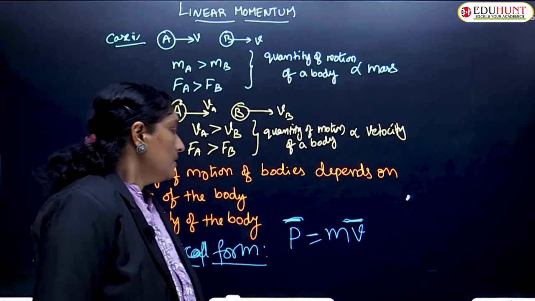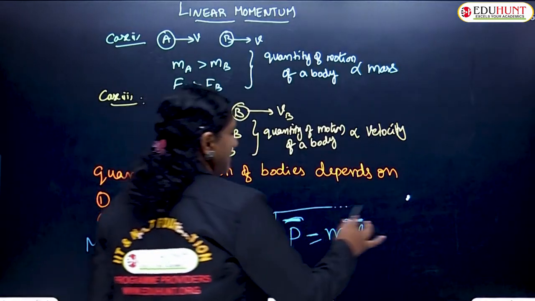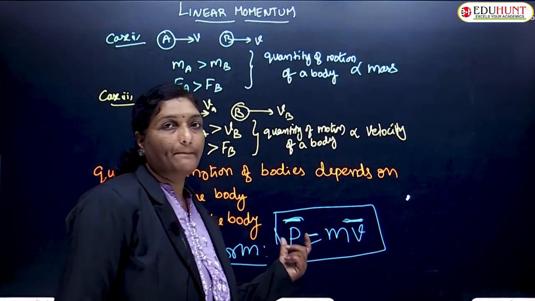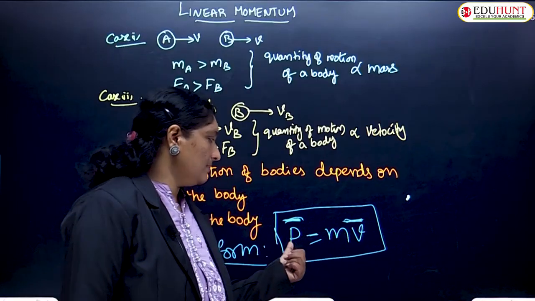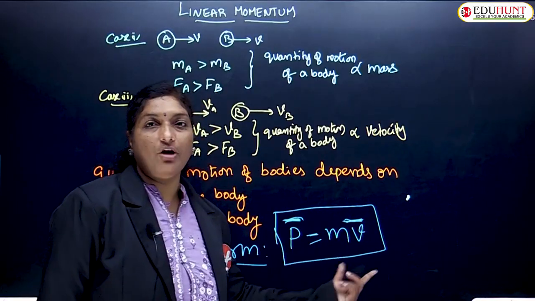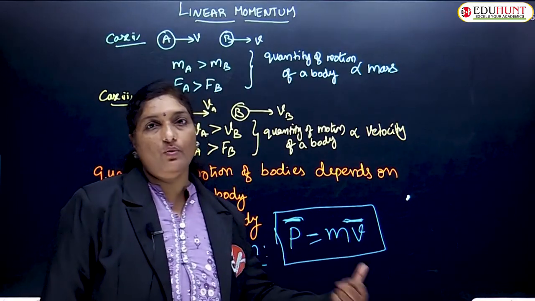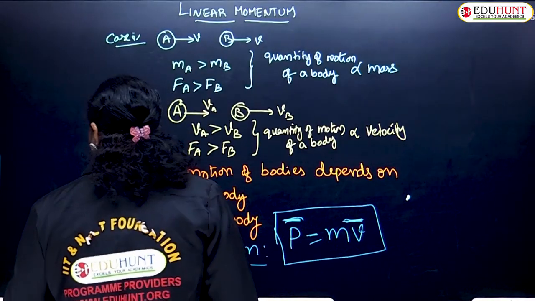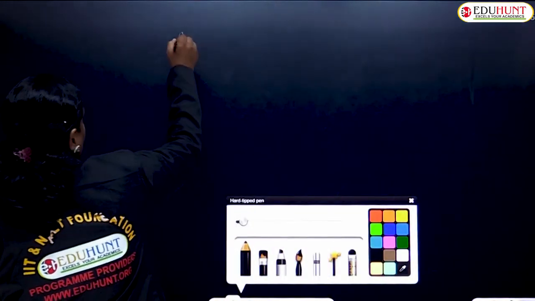Okay, children. So this is the mathematical form of linear momentum. Linear momentum p bar is nothing but the product of mass of the body and velocity of the body. Moving ahead, let me write it once again.